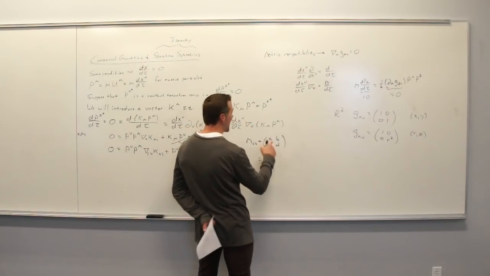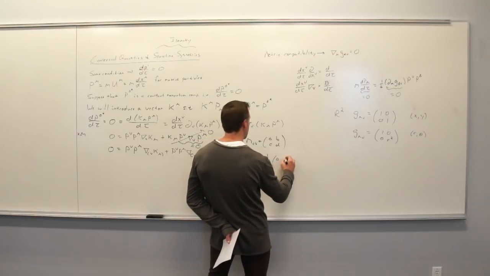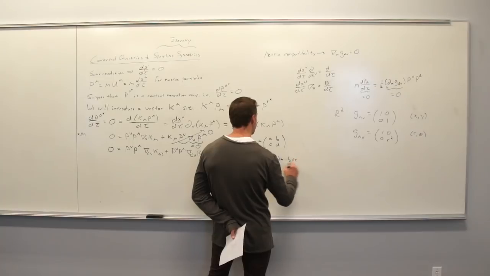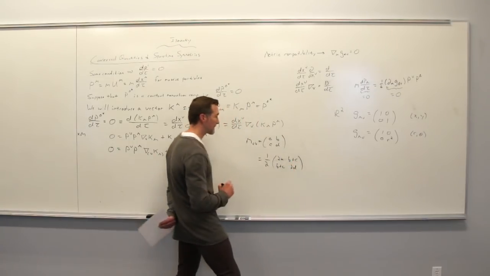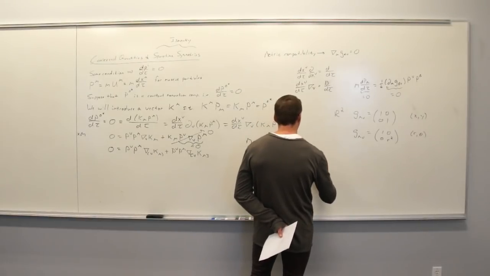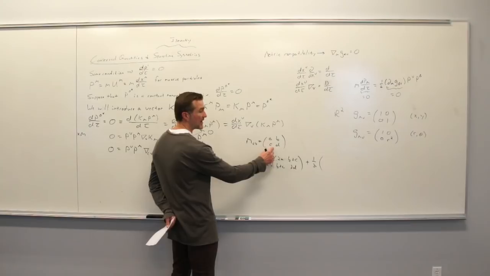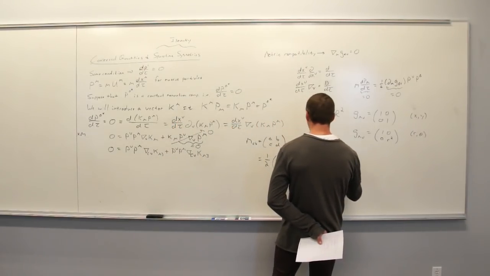So if I add the transpose to this thing, then I get 2A, B plus C, 2D, plus 1/2 the anti-symmetric combination, which is what I get if I take the matrix and I subtract its transpose. So that's going to be 0, B minus C, C minus B.